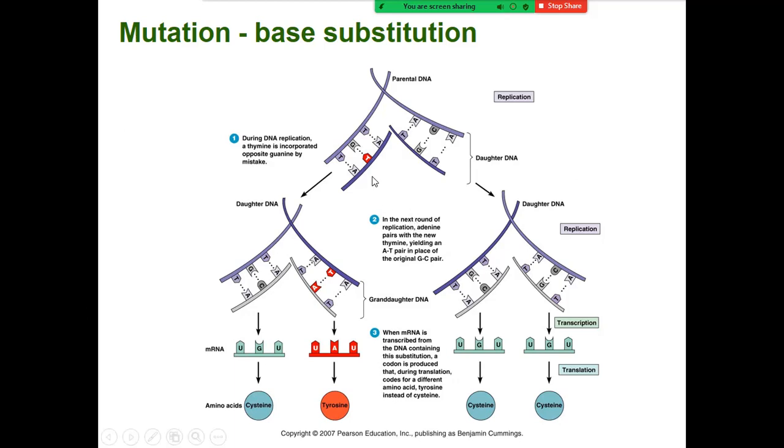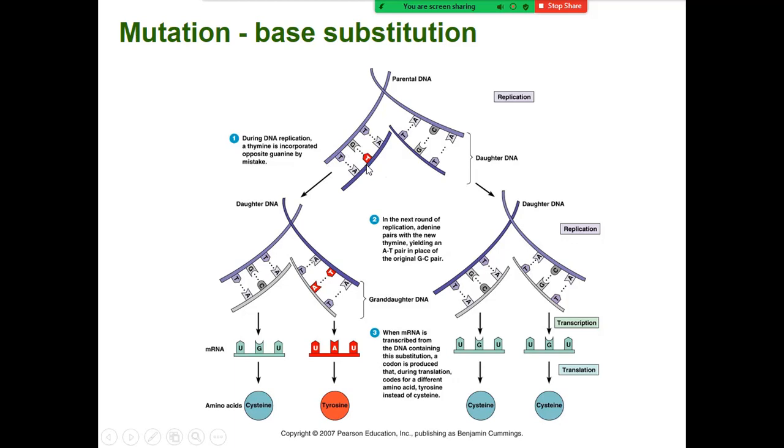Before the replication, the DNA polymerase may notice that this is not pairing correctly, and it knows which strand is the newer DNA, and it will remove the newest incorrect base. You don't need to know that, I'm just telling you for your information. In which case this can be corrected, and then the C could be added.